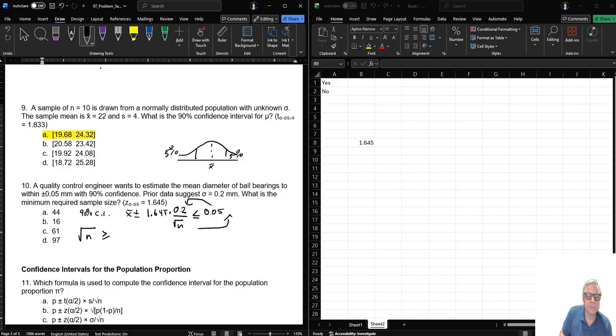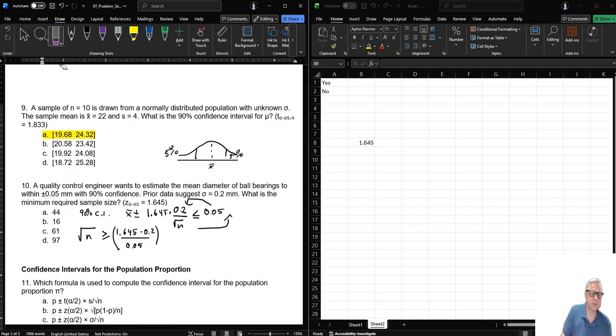Okay, so, and the 0.05 goes into the denominator of 1.645 times 0.2. So we have then 1.645 times 0.2 divided by the 0.05. Okay, but then I need to square it.